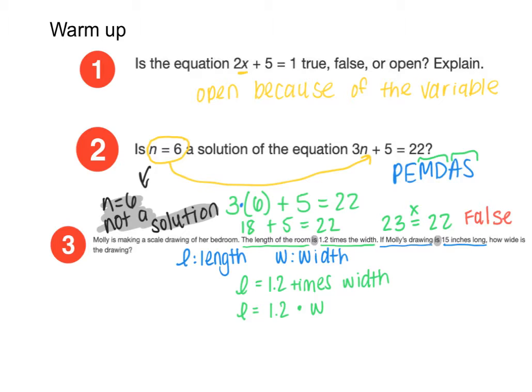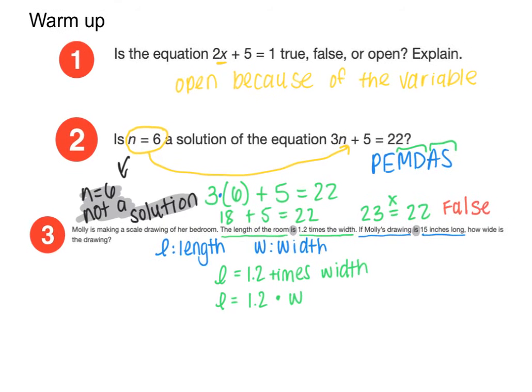And then the blue sentence is telling us if Molly's drawing is 15 inches long, so is means equals, it's 15 inches, and long represents the length, okay? So L equals 15. How wide is the drawing? So we're going to take this 15 and plug it in here.